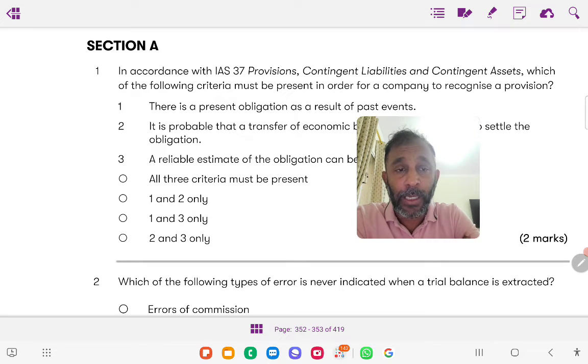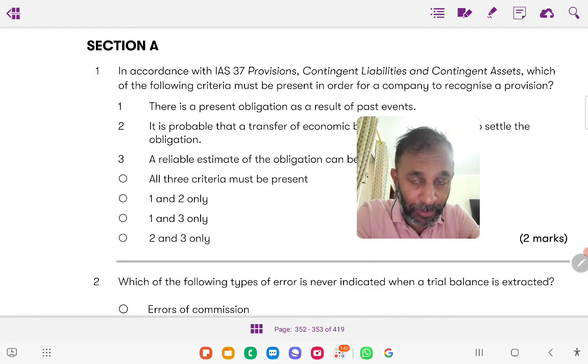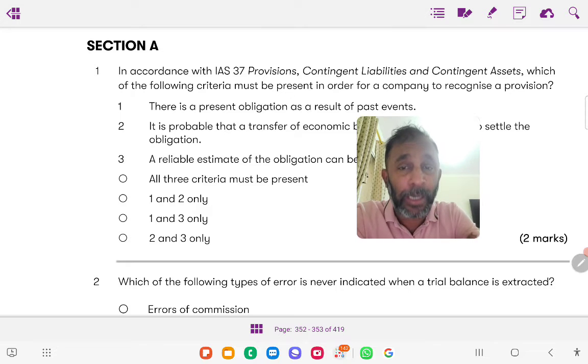Now here, let's go through these conditions. There is a present obligation as a result of past events, pretty obvious. This is one of the required conditions for us to confirm that it's a provision.